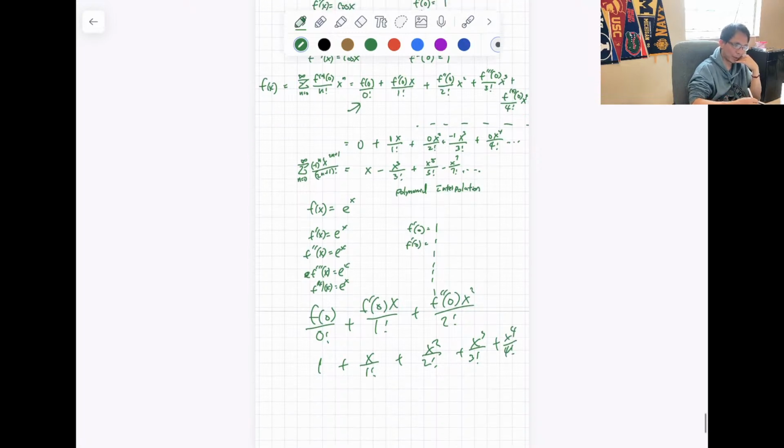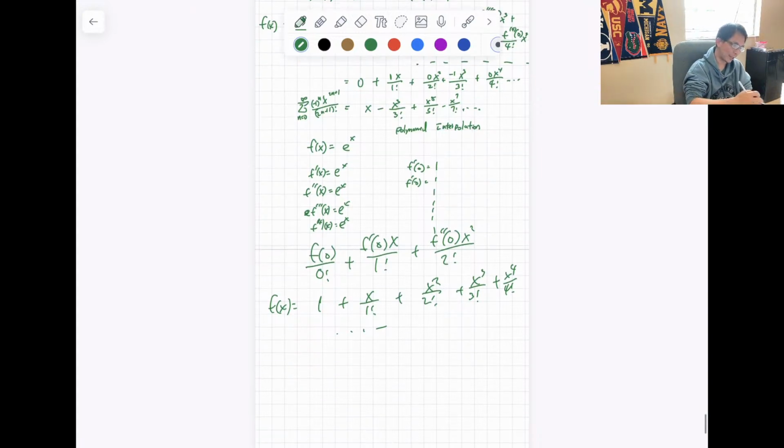Now, what I want you to do is take a derivative of the function on the right, the power series. If I take a derivative, what am I going to get? This one's going to be what? What's this one? Oh, x. What's the next one?